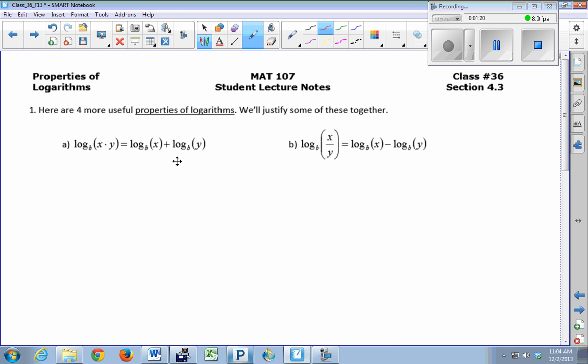So the first one has to do with, let's just review exponents. Since logs are exponents, let's just review what exponent properties look like. Suppose I have this exponent problem. How would I simplify that using my exponent properties? What does that become?